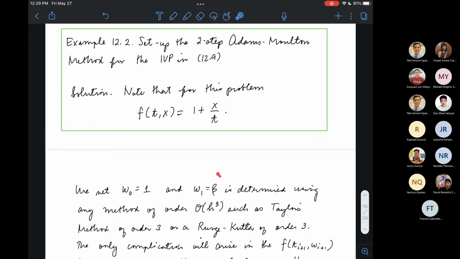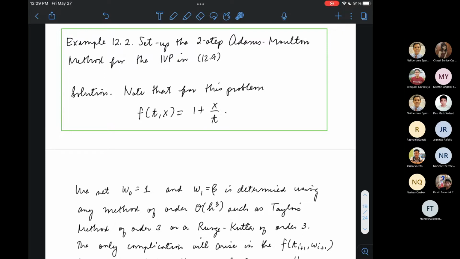And then beta, which is your value for W sub 1, should be determined using an order big O of h cubed na method. Kasi nga si Adams Moulton na two-step ay big O of h cubed yung accuracy. So kailangan mong gumamit ng T3 o kaya ng RK3 para makuha si beta. Tapos pag nakuha mo na yon, kaya na nating i-solve si W2, W3, and so on.